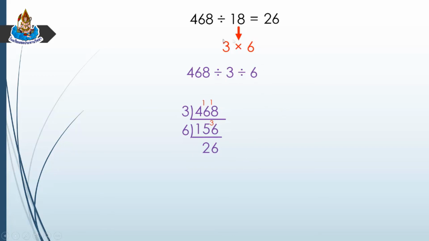So factors can make solving division problems so much easier. So we need to rewrite the divisor as a multiplication of its factors, and after that we divide our dividend first by the first factor, after that by the second factor.